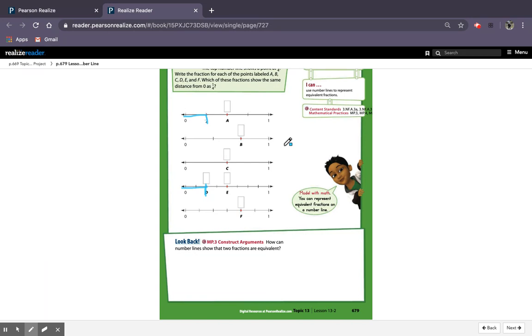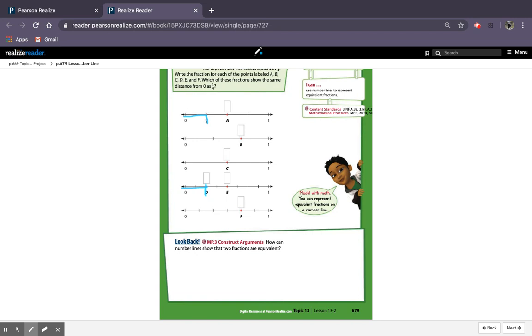Now, it's not saying the same number line, it's just saying they are the same distance from 0. And they name the same point on the number line, so they're both at the same exact point. If we were to draw a straight line down, we can match them up perfectly. So they are equivalent, so they're equal.